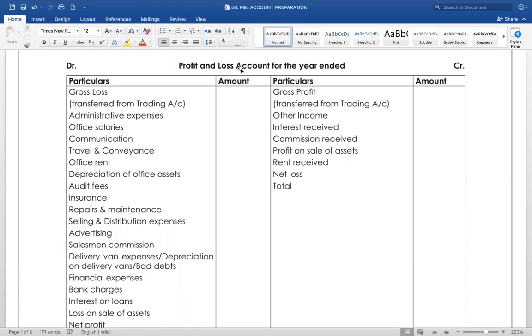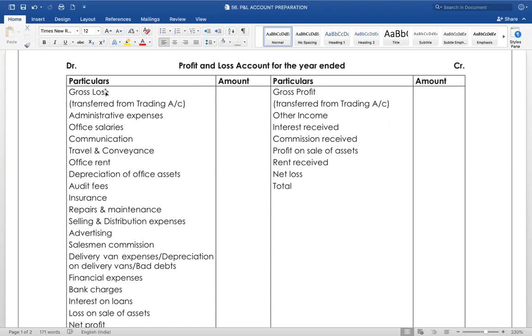Now, remember, you will start this profit and loss account either with gross profit or with gross loss. If you are starting with gross profit, it is on the credit side. If you are starting with gross loss, you are starting with the debit side.